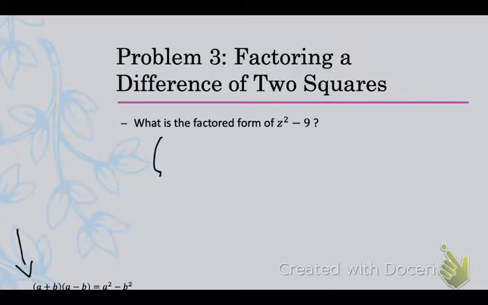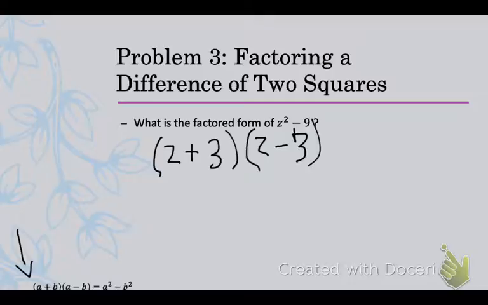So again, the square root of both of these. The square root of z squared is z. The square root of 9 is 3. So z plus 3. And then my next binomial is going to be the same thing, except z minus 3. And I have factored z squared minus 9 super easily. Again, only when it's subtracting though.